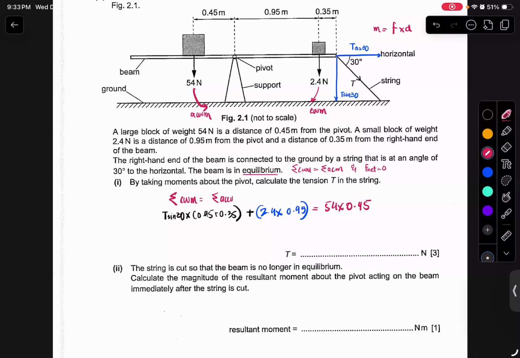Okay, so T is supposed to be 33 newtons. In fact, it's going to be 34 newtons roughly.